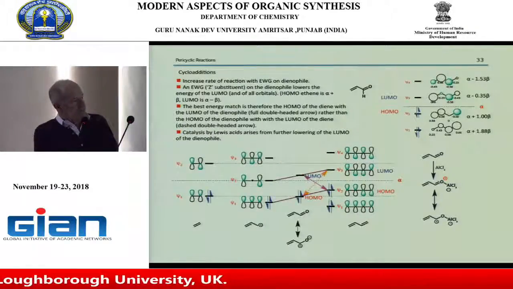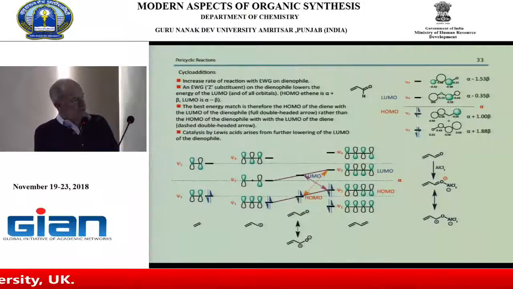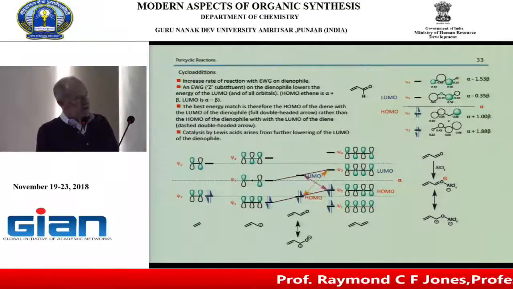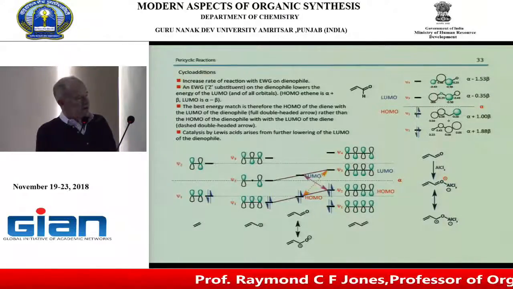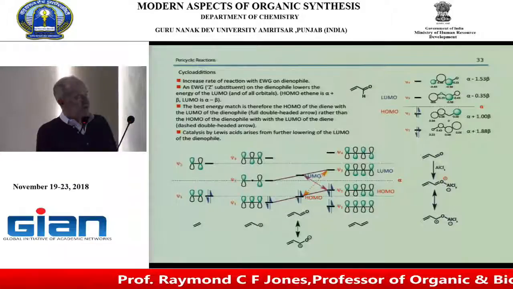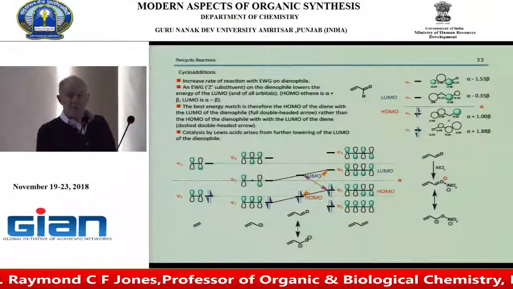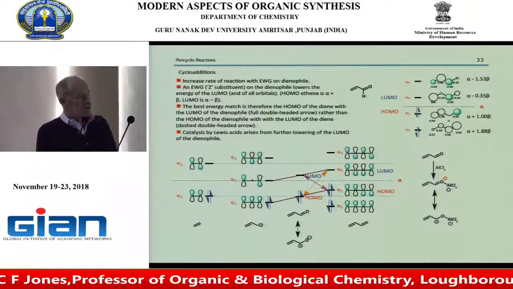And if you think of a Lewis acid catalyst, all you're doing is actually meaning that this is a bigger contribution to the hybrid structure of the Lewis acid complex to the dienophile than if there was no Lewis acid on the end. So effectively, you're lowering all of these by a little bit more, or quite a lot more.